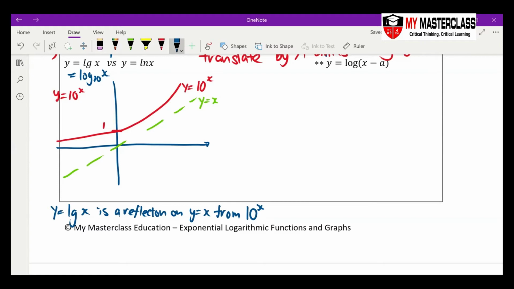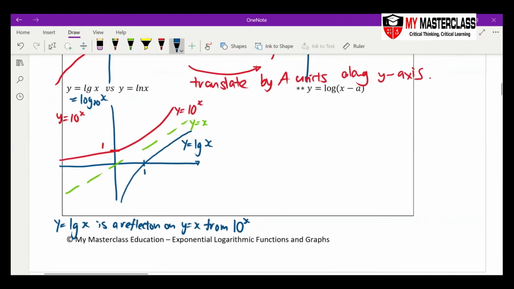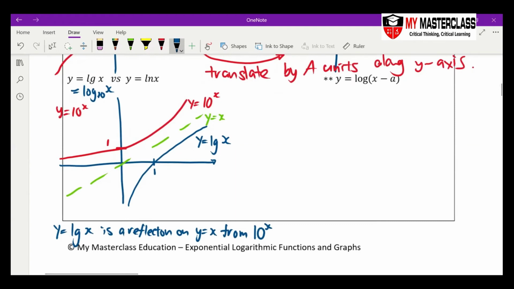So if y equals to x is a mirror, it means that here will be 1. This blue guy is called y equals to log x. I want you to understand the relationship between 10 to the power of x and log x.